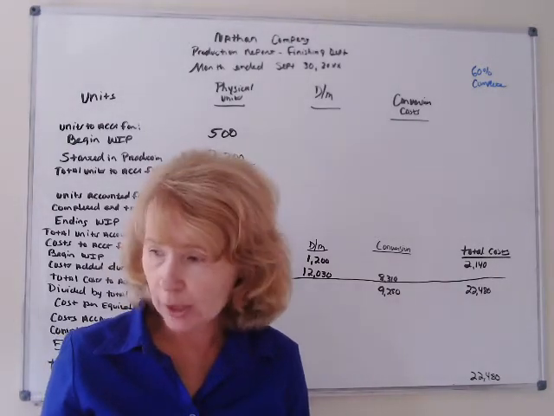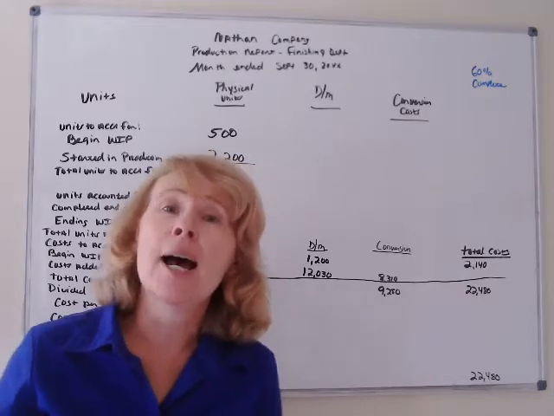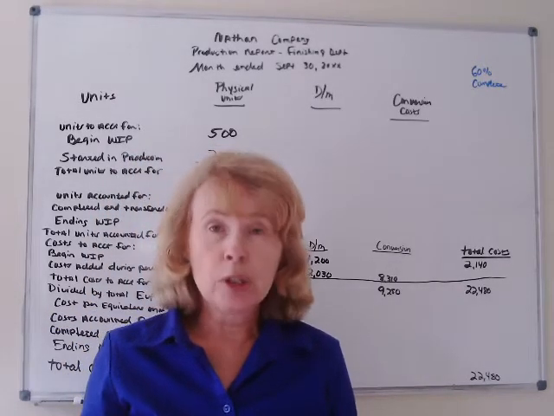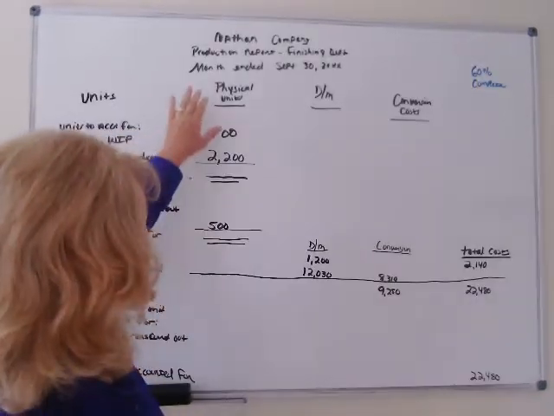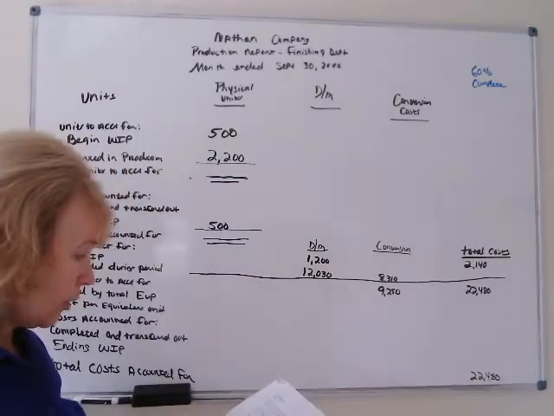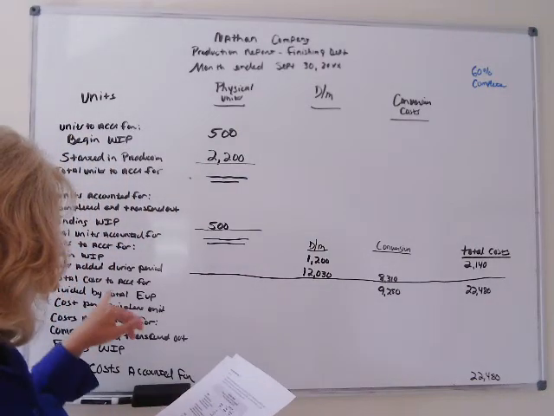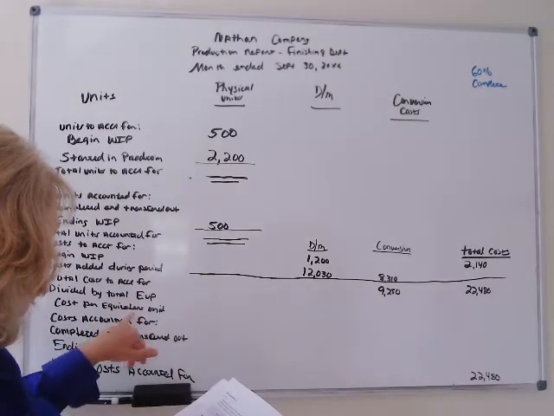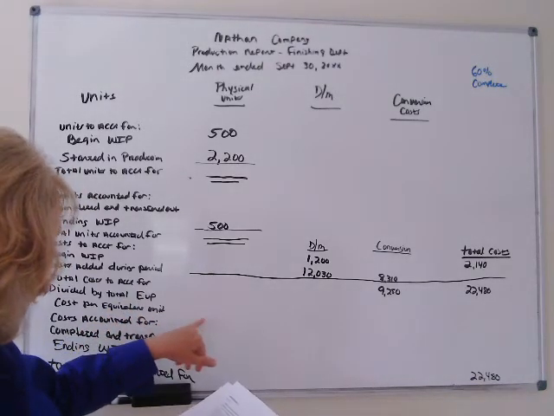All right, so we're going to do the steps of a production report. The first thing we're going to figure out is the physical flow of units. The second thing we're going to figure out is the total cost to account for. Next, we're going to figure out the cost per equivalent unit.